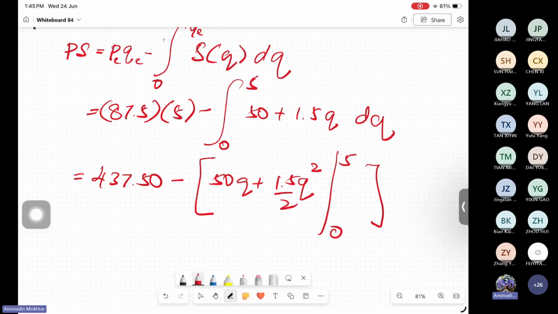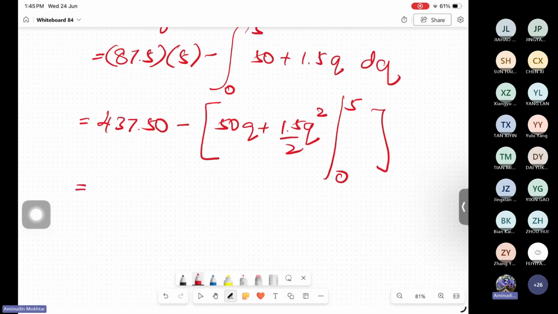That is the definite integral. Okay, the next is we just solve this.